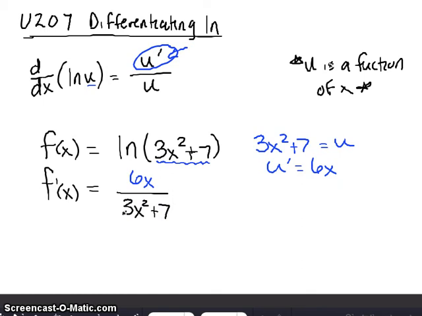Now there's one thing that we need to be careful about that AP really likes to do with natural log, and that is to take advantage of natural logs and e. So if we have a function that looks like this, f of x is the natural log of e to the 4x to the third plus 7x squared power.